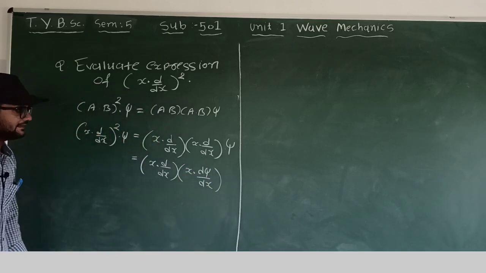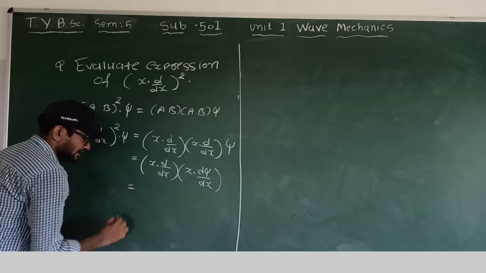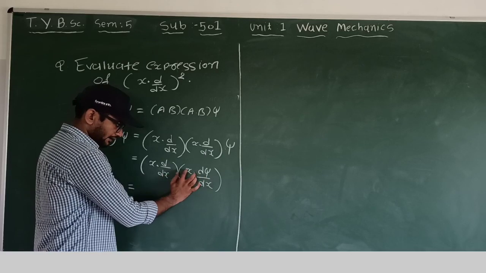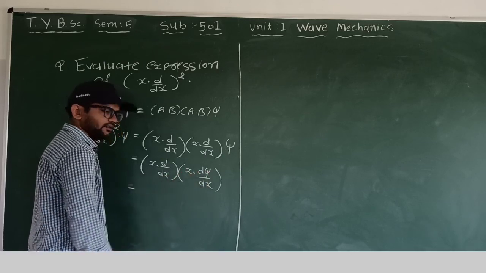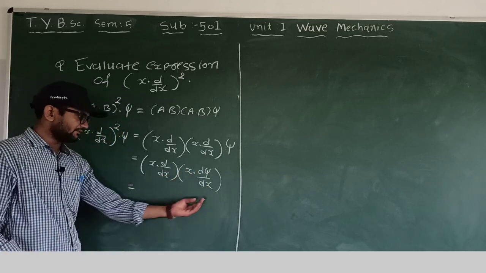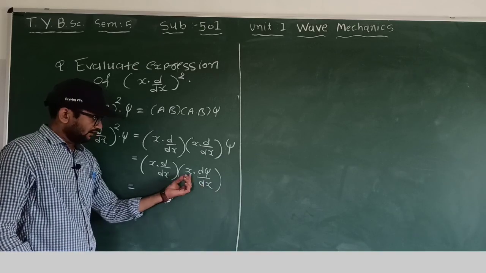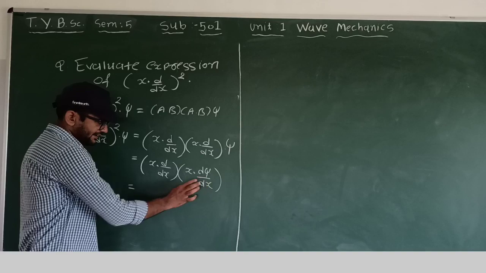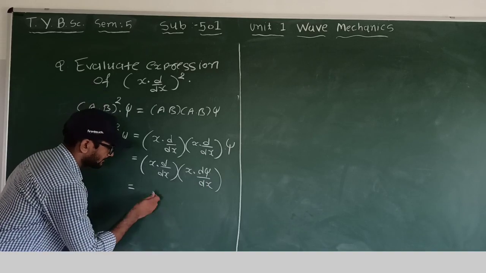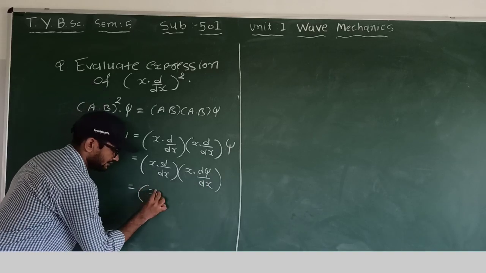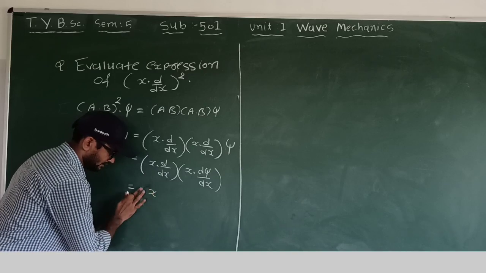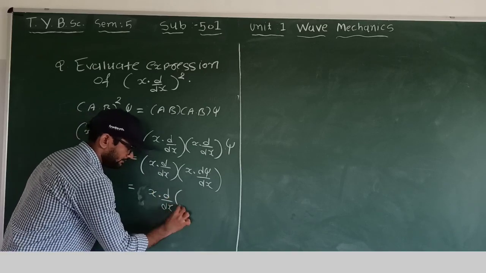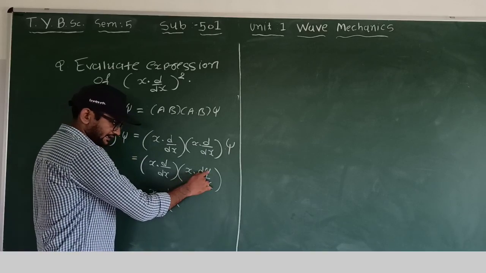Okay, so now in second step, d/dx of x dpsi/dx. Now second operation sequence is always right to left. Okay, so now d/dx of x dpsi/dx is equal to x d/dx of x dpsi/dx.